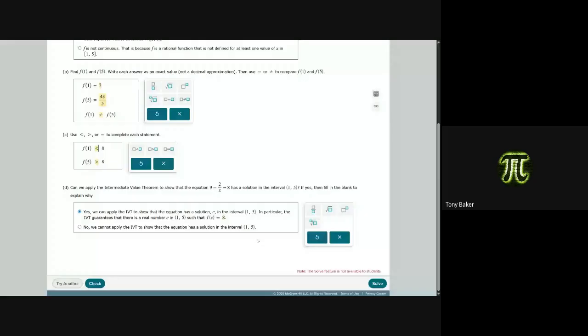Are they equal or not equal? Not equal. F of 0, less than, greater than, or equal to F of 2? Less than. So can we apply the intermediate value theorem? Yes. They're not equal. It is continuous, and one is greater than and one is less than, and either value would give me 0.